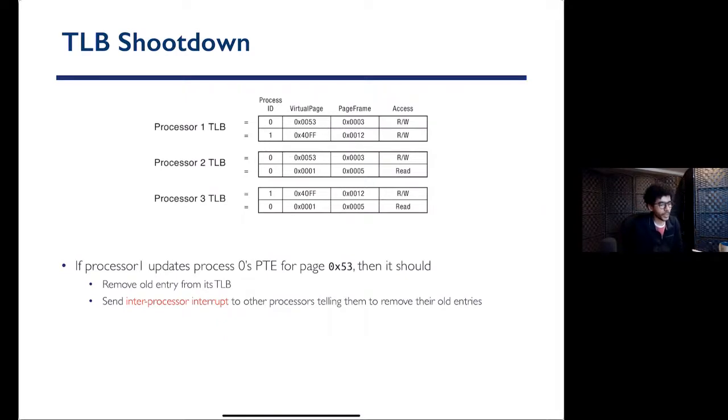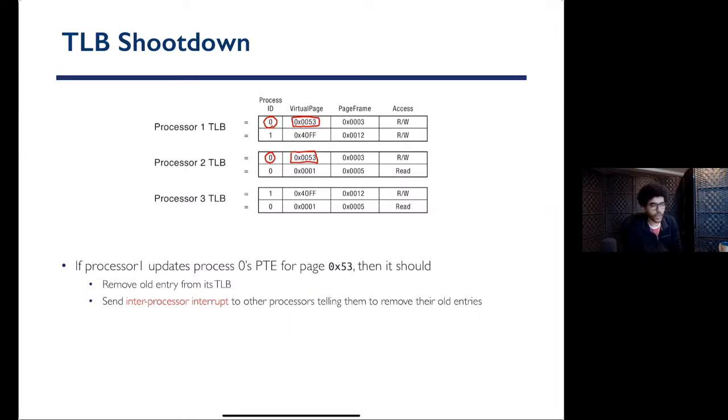Here is an example. So let's say you have been running your process 0 on processor 1 and processor 2 and processor 3. Let's say that the translation for this particular virtual page for this particular process is cached in both TLB1 and TLB2. So both of them have cached this.